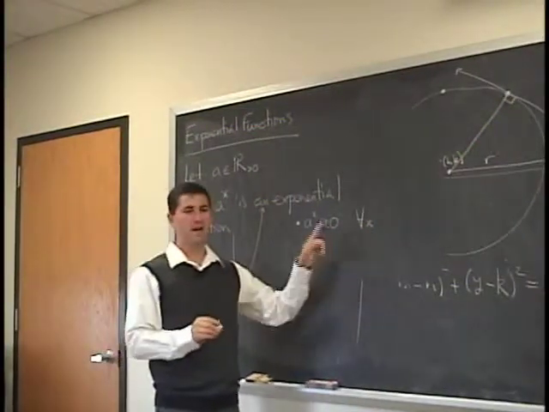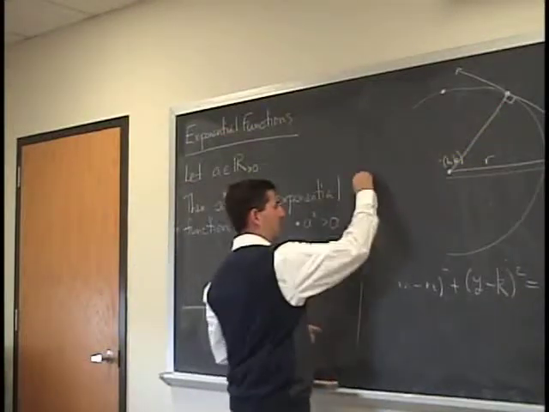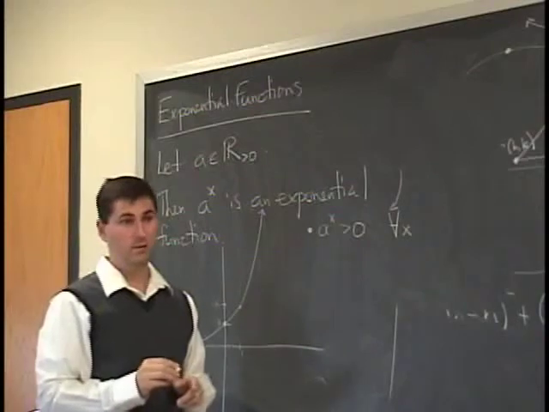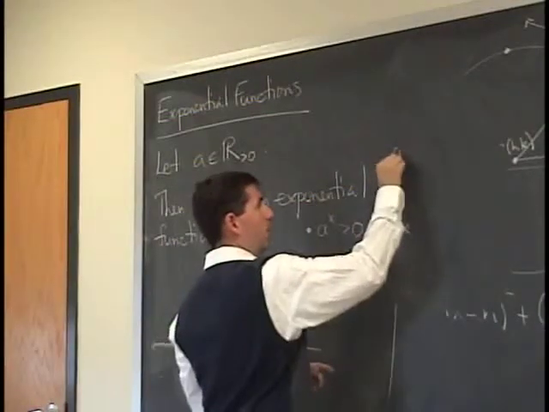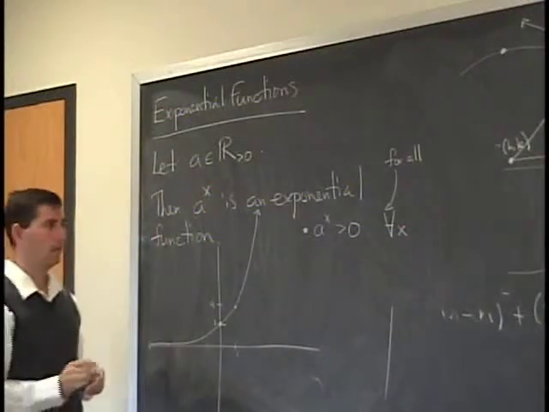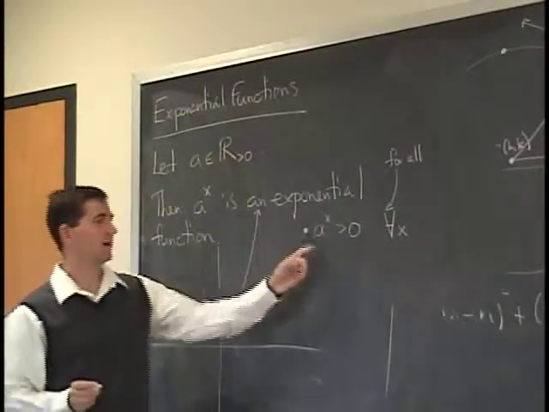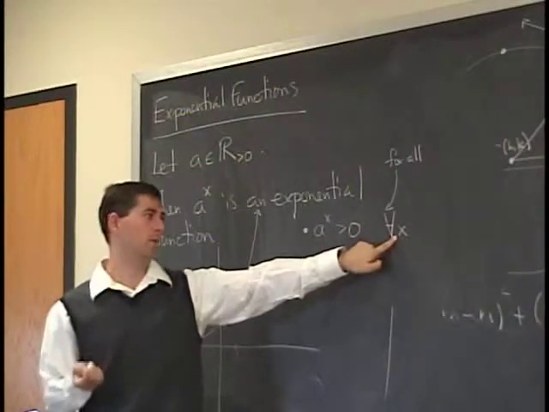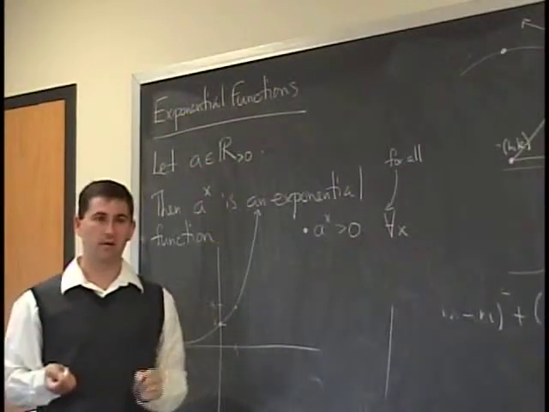This is an upside down A. Mathematicians get very bored with writing the same things over and over, and we're lazy, so we come up with shorthand. This is read "for all." So all this is saying is that for all x, where x of course should be a real number, a to the x is greater than 0.